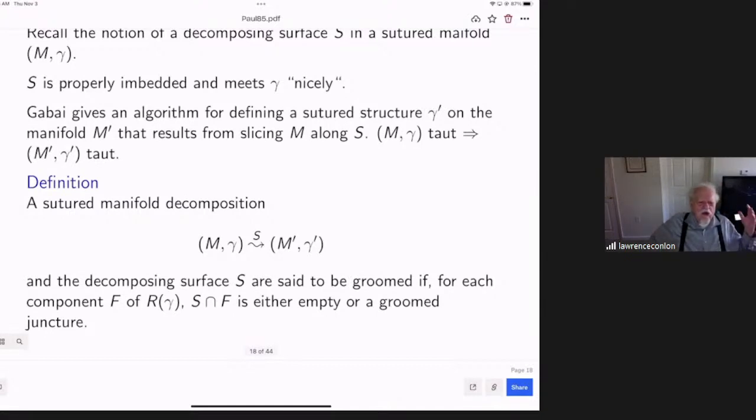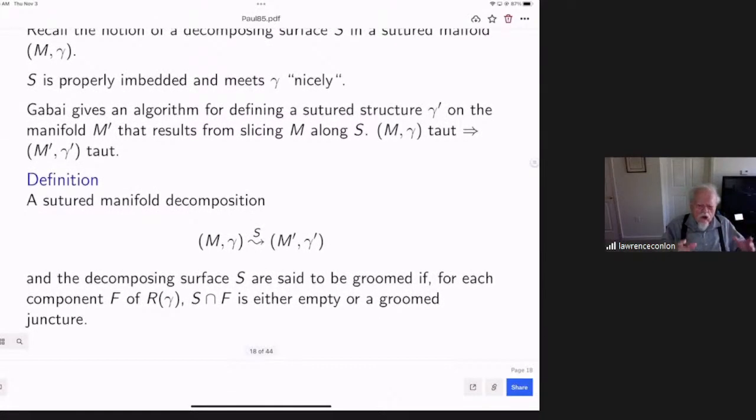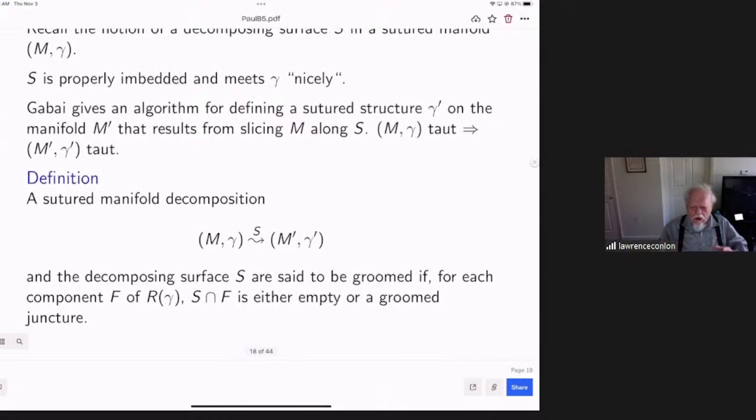And we will say that the sutured manifold decomposition and the decomposing surface itself are groomed if for each component F of R of gamma, S meets F either in the empty set or in a groomed juncture. So that's a groomed sutured manifold decomposition and a groomed decomposing surface.